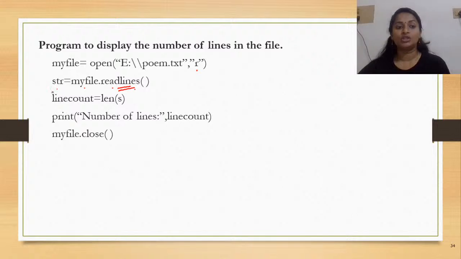Now what are you trying to do? Oh, again I made the same mistake. I'm so sorry. It is len of str and not s. So line count is equal to len of str. The number of elements in the str would be counted, that means the number of elements in your list would be counted and returned to the variable line count, and you can print the line count on the screen.